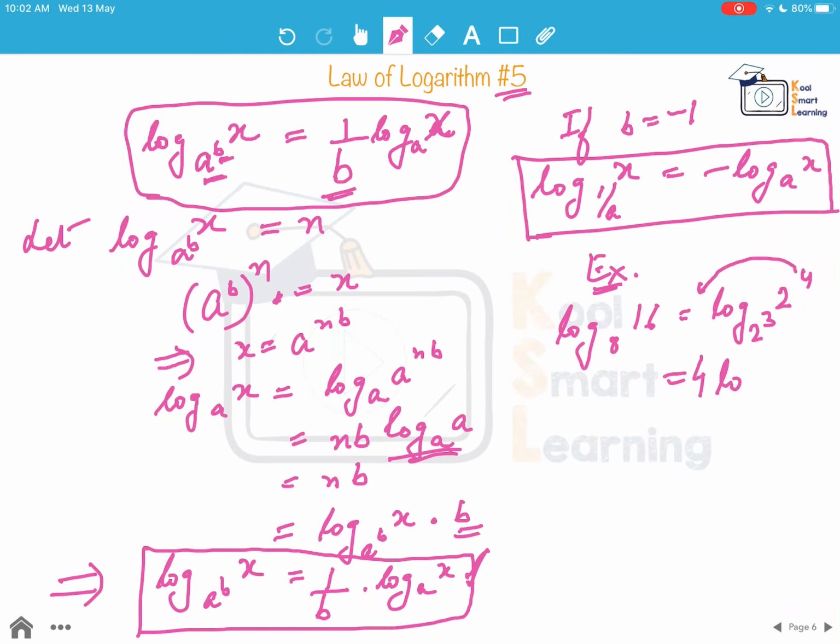We can say this is equal to 4 times log of 2 to the base 2 power 3. Now again we'll use this property here where we bring this down and we get 4 by 3 into log of 2 to the base 2, and this is 1. So this is equal to 4 by 3. So this is how we solve log of 16 to the base 8.